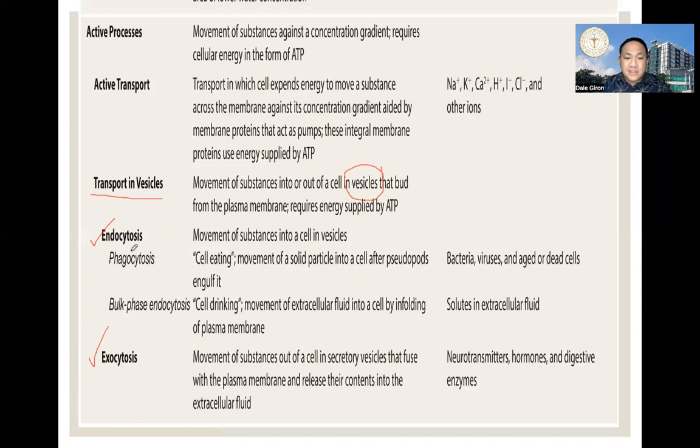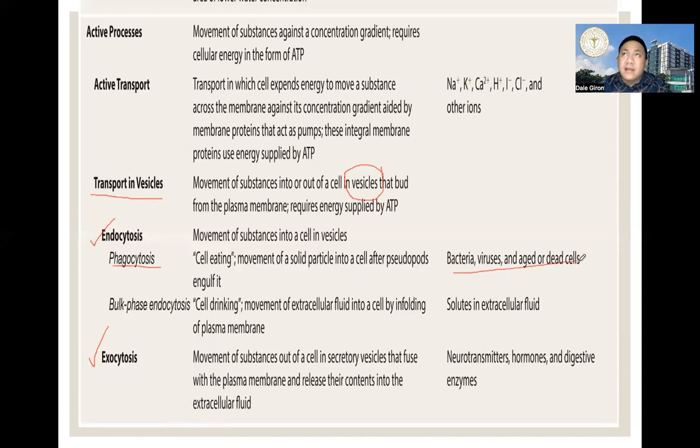Endocytosis is the movement of substances into a cell, from outside to inside, in vesicles. First is phagocytosis. Now, this process is also known as cell eating. This is a movement of a solid particle into a cell after pseudopods engulf it. Perfect examples of phagocytosis are bacteria, viruses, or aged or dead cells.